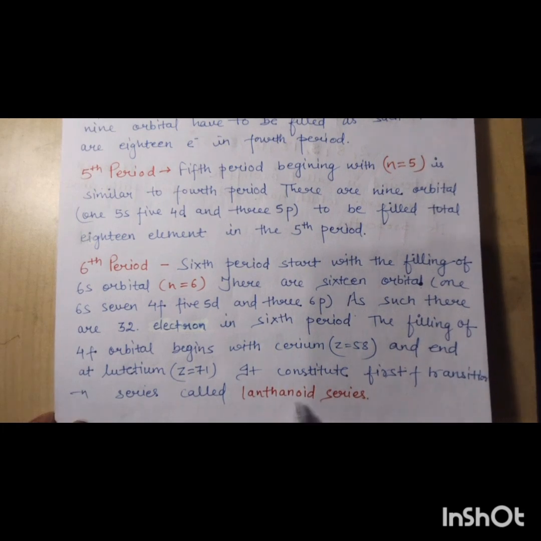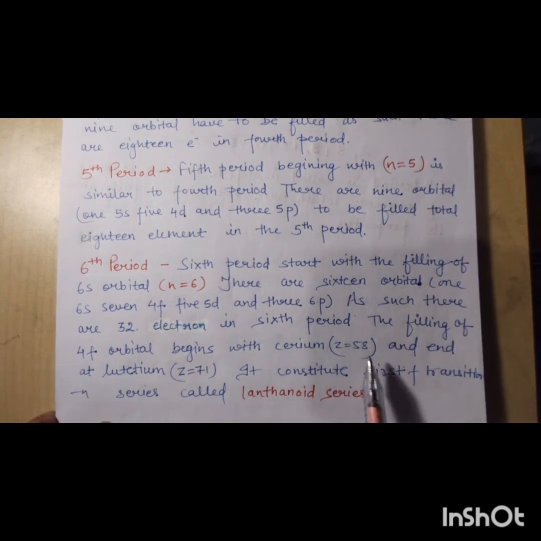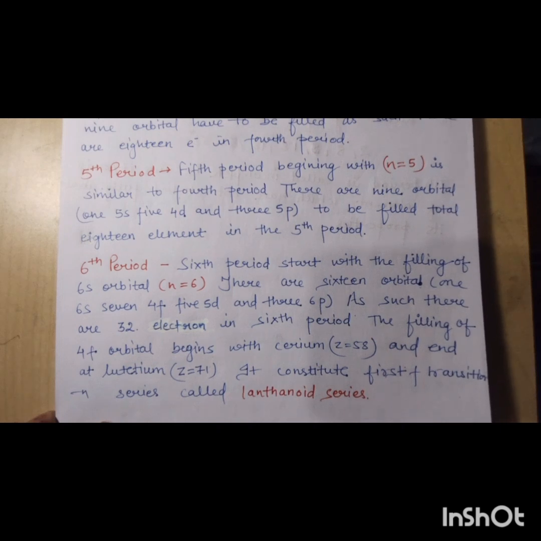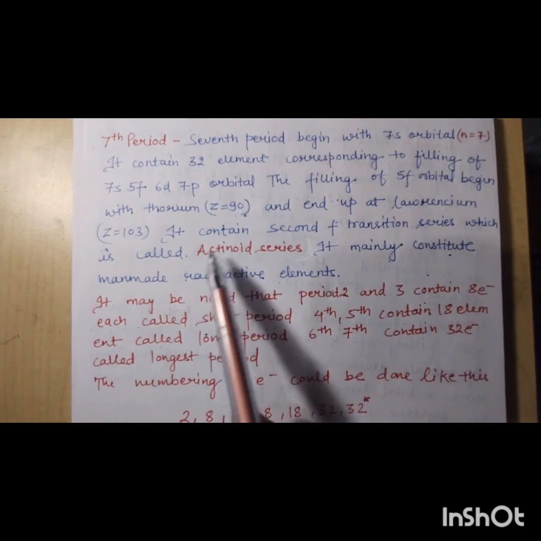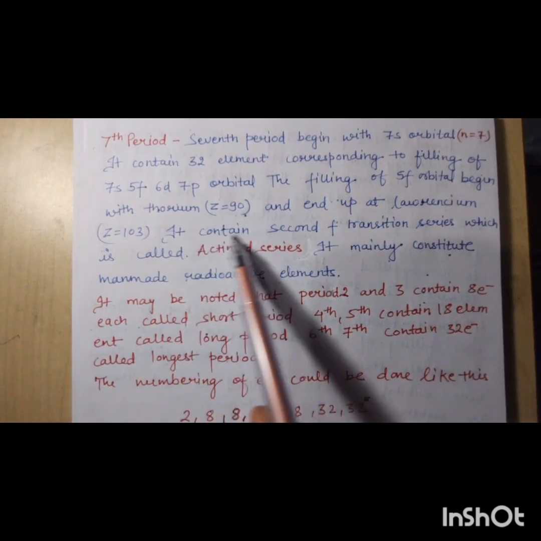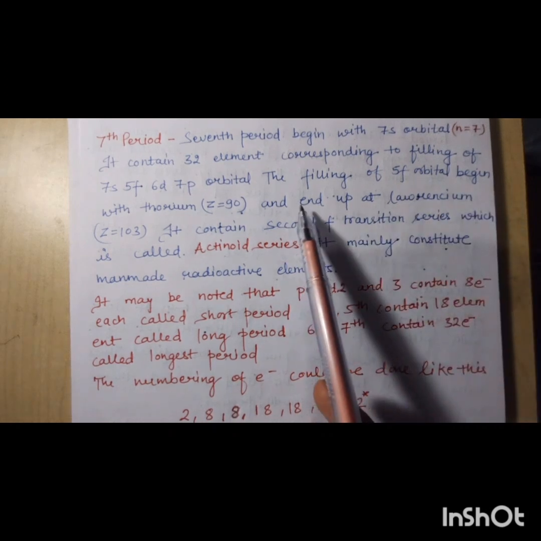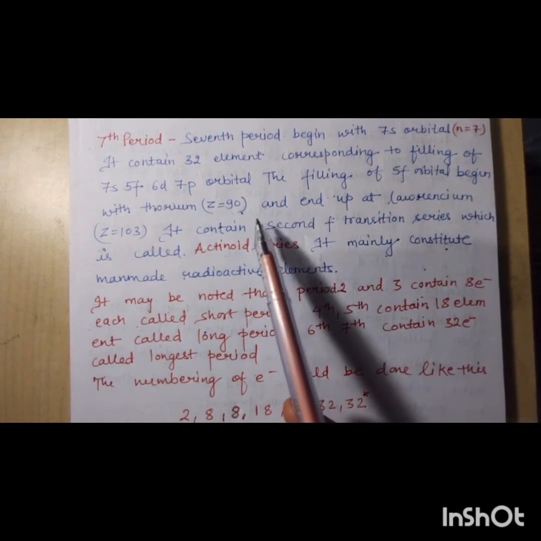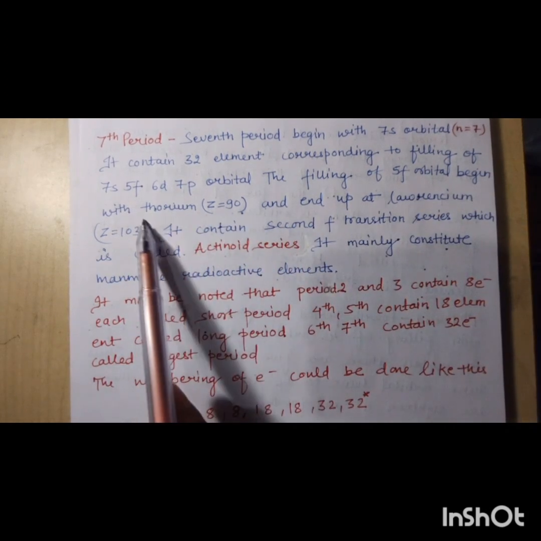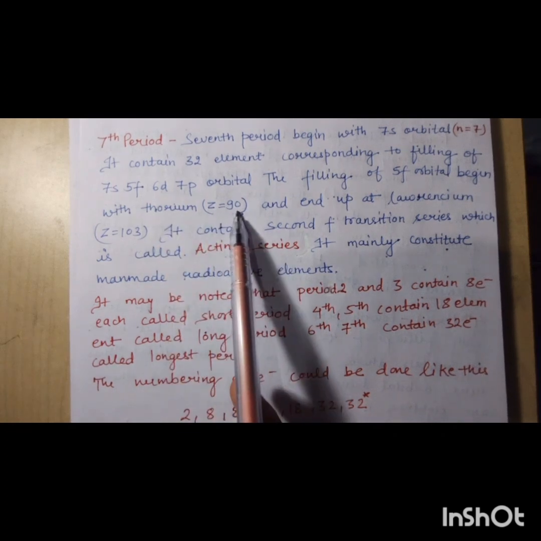Which atomic number to which atomic number does the lanthanide series run? In the actinide series, the 5f orbital begins with thorium, Z is equal to 90, and ends with lawrencium, Z is equal to 103.